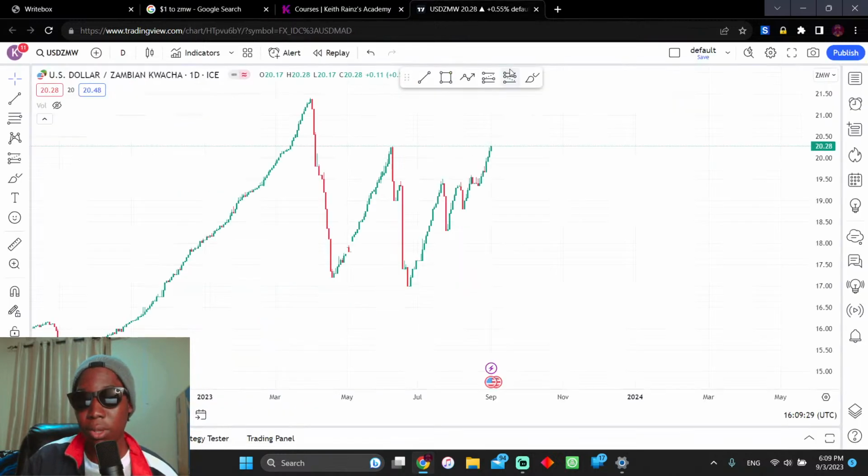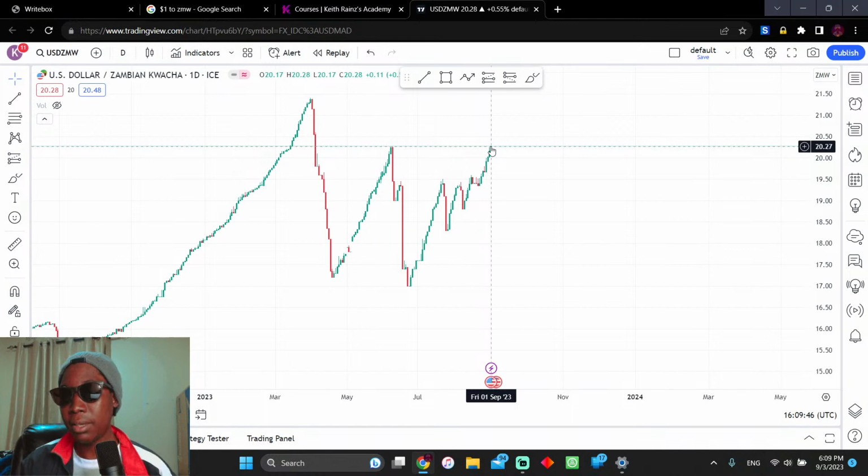When I go back to the chart and hover over here, I can see that according to this chart, and the data provider I'm using is ICE, I don't know this company, it's showing that the value is 20.27. By the way, today is Sunday, so the markets are closed, so we cannot get really accurate values as of today.